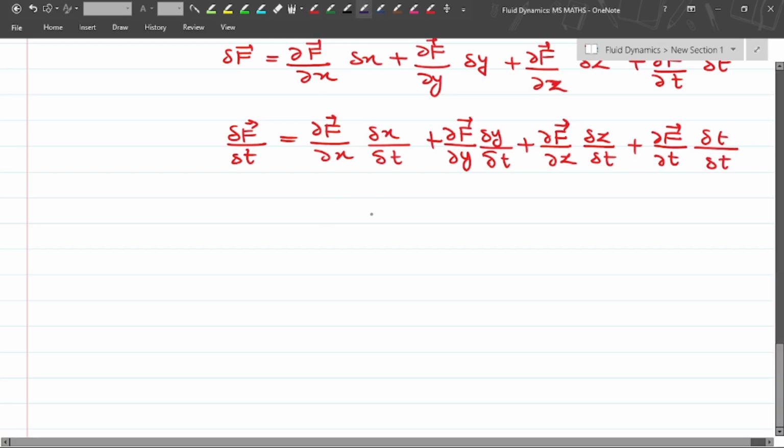Now, the limiting value df vector upon dt is the limiting value as delta t tends to 0.